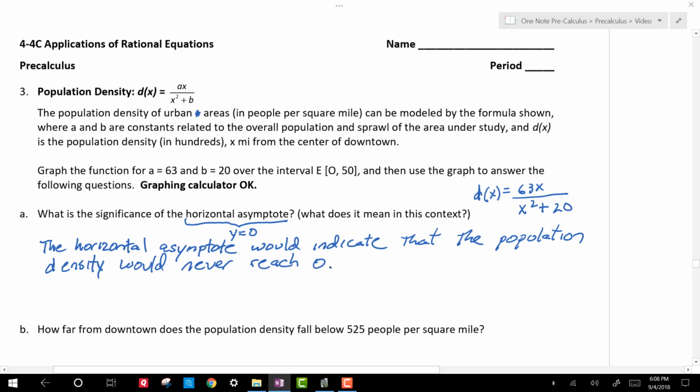And again, that's based on the fact that no matter how far you go out from downtown, there's always going to be people living somewhere in the area.